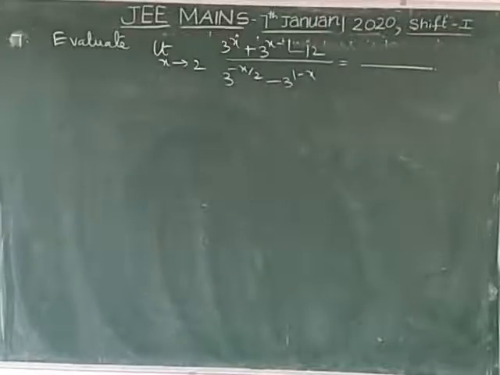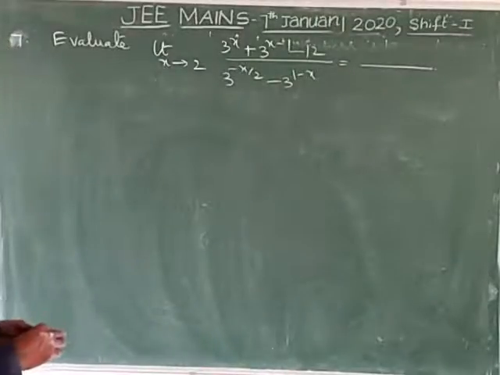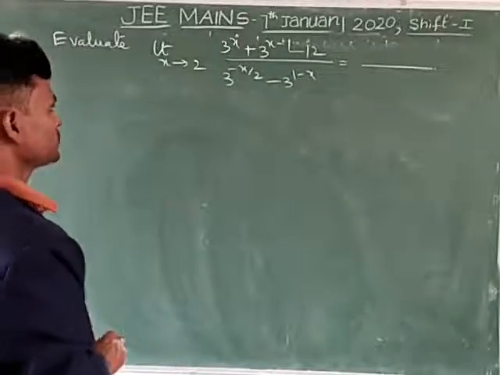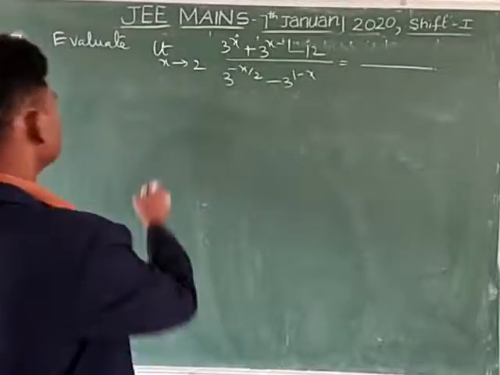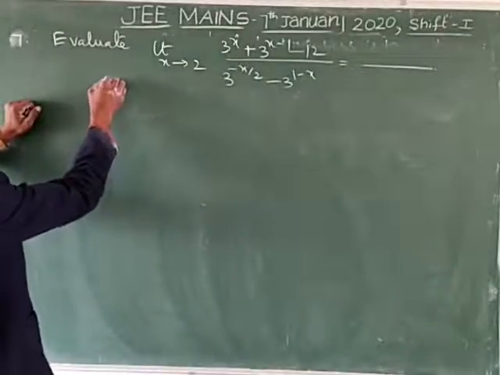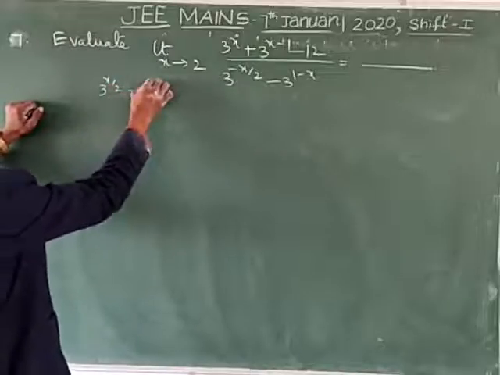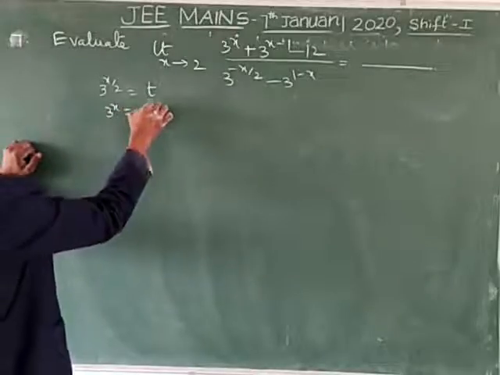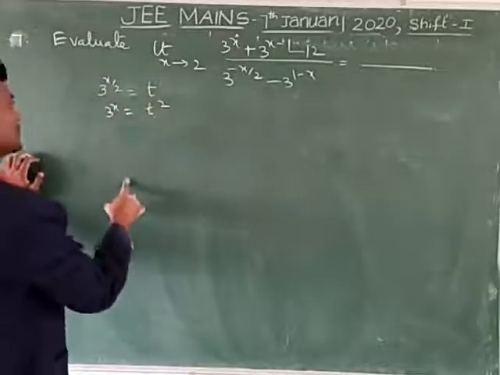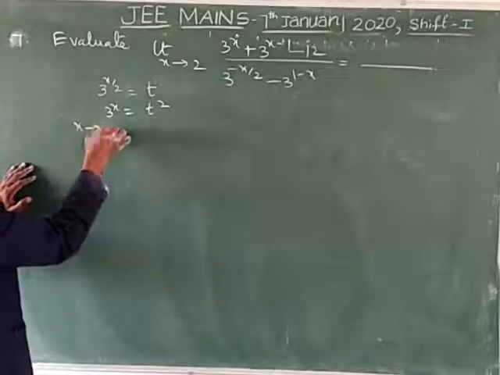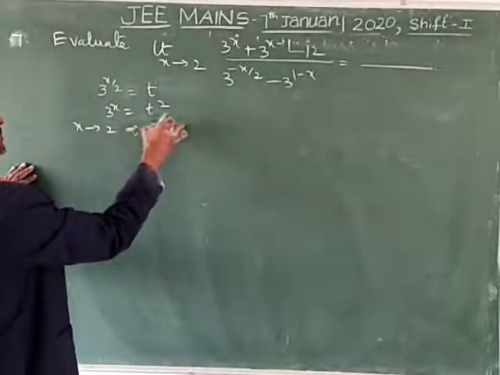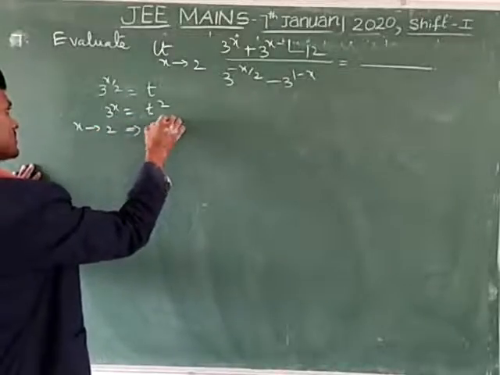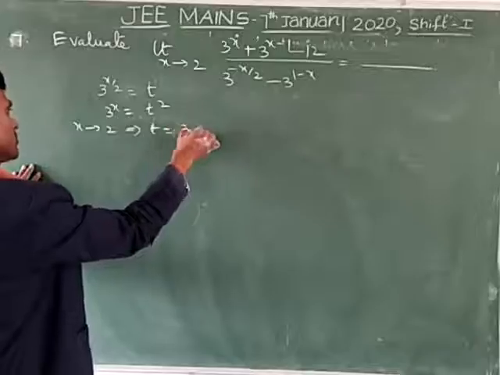Next question, evaluate limit x tends to 2 of (3 power x plus 3 power (x minus 1) minus 12) by (3 power (minus x by 2) minus 3 power (1 minus x)). Here let 3 power x by 2 be equal to some t. Now 3 power x is equal to t squared, squaring on both sides. Now limit x tends to 2, then t tends to 3, because t squared is equal to 9 means t is equal to 3.